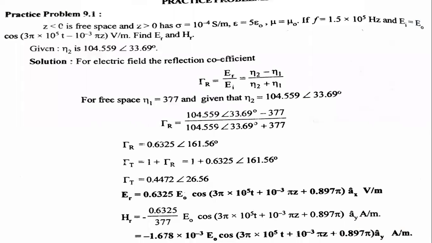How can we start? We can start with the reflection coefficient for the electric field. We know these formulas very well. For the electric field, the reflection coefficient tau r is equal to the ratio of ER and EI, the electric field at reflection and the electric field at incidence. How can we find it?